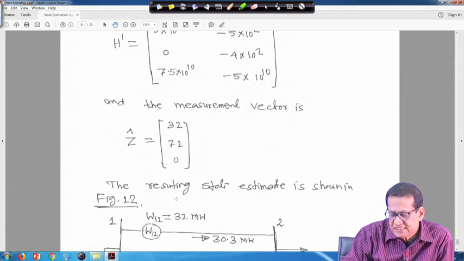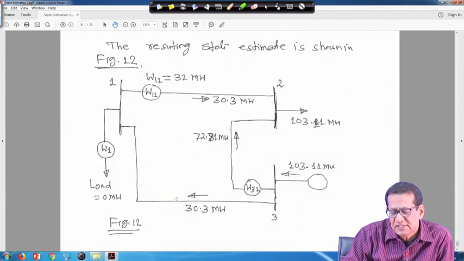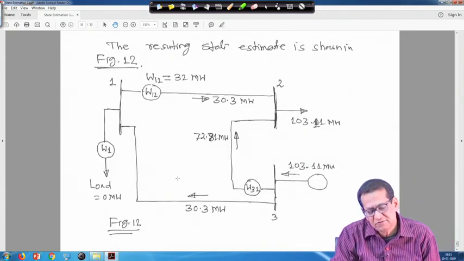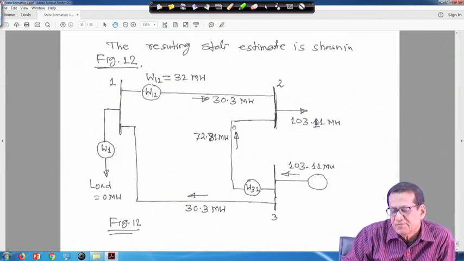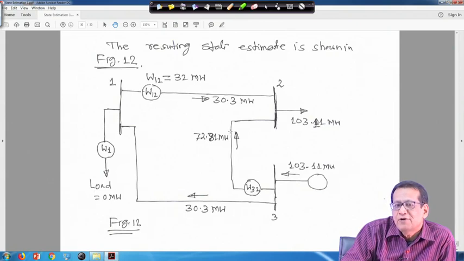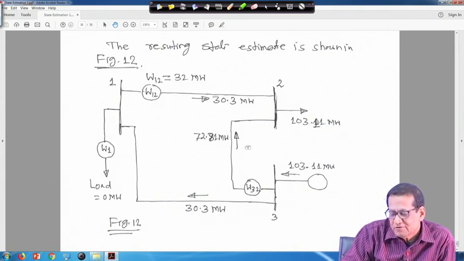After making all this calculation, I am showing you only the final result for the resulting state estimate. Here it is 0 megawatt, and it is perfect, there is no error. Here 72.881 megawatt and 30.3 megawatt, total is 103.11 megawatt, here also 103.11 megawatt, and here also 30.3 megawatt, because here the load is 0.